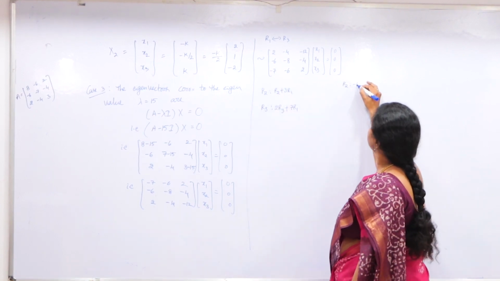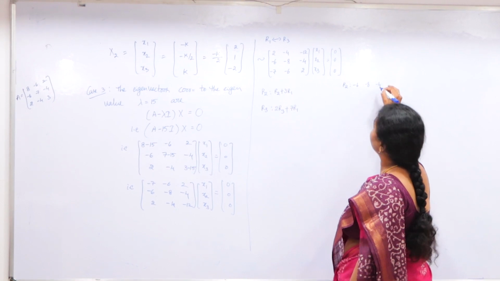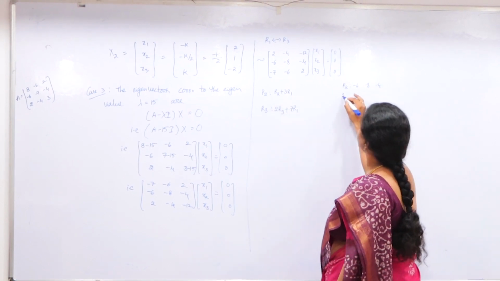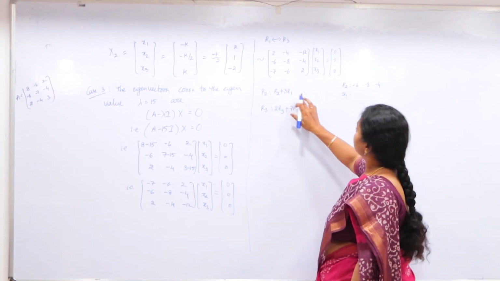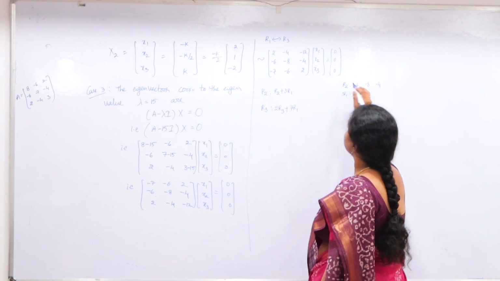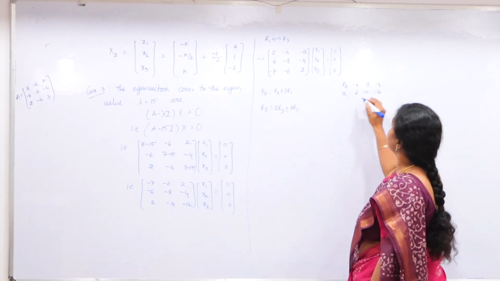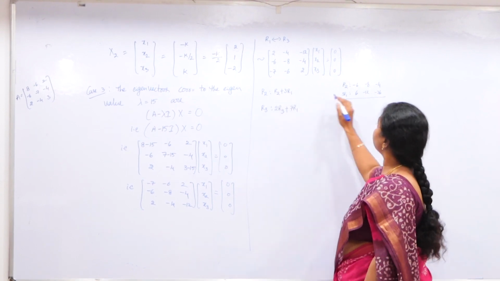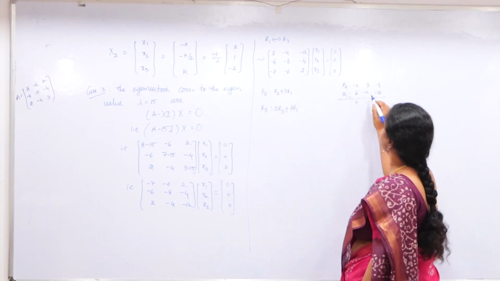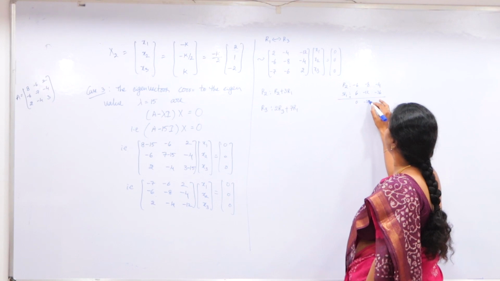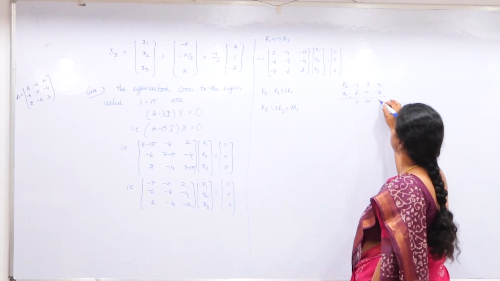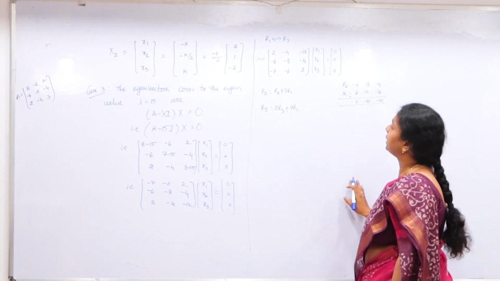R2 is minus 6, minus 8, minus 4. Next, 3R1. 3R1 is 6, minus 12, minus 36. So, addition. Minus 6 plus 6, 0; minus 8 minus 12, minus 20; minus 36 minus 4, minus 40.